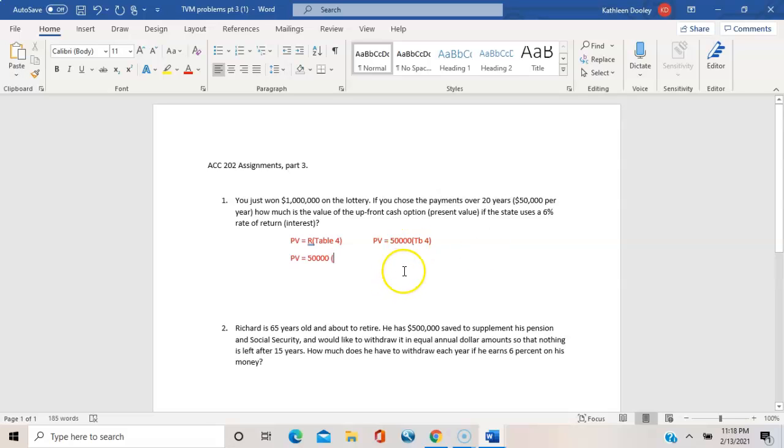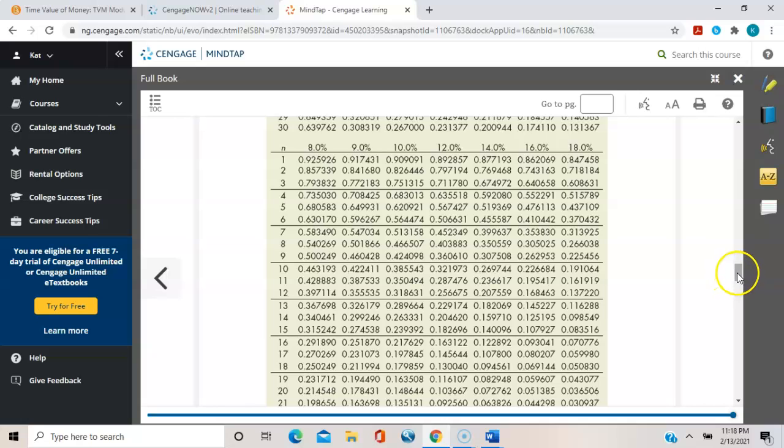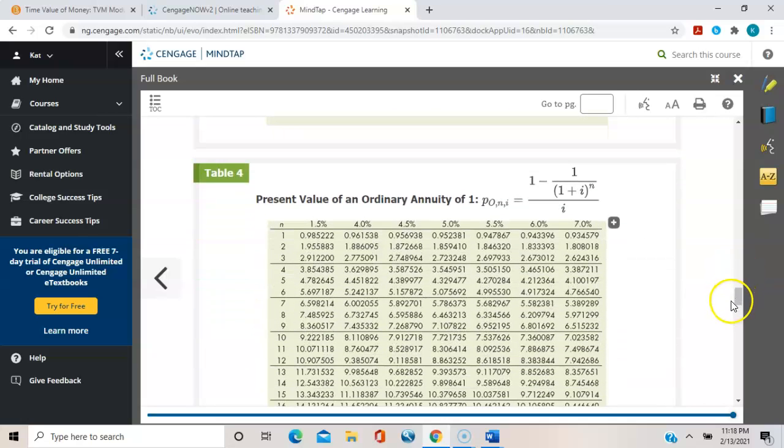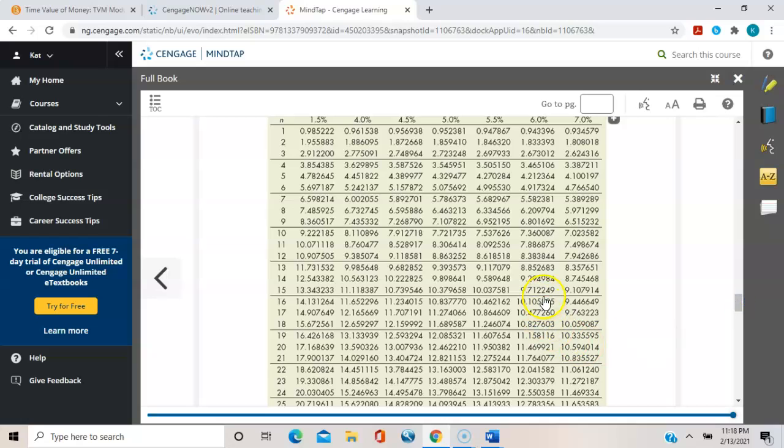Okay, so we need to look up in table 4, and we have 6% interest and 20 years. So we need to first find table 4, there it is, and we need 6%, there it is. We need to go down to 20 years. Okay, so here it is here.